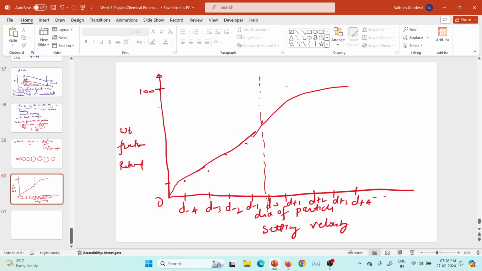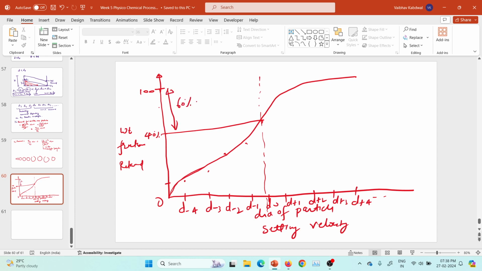So what we'll get to know is that the particle size greater than D naught will be fully removed. Let's say this is 40%. So this 60% will be fully removed, and this 40%, some small particles, are partially removed.